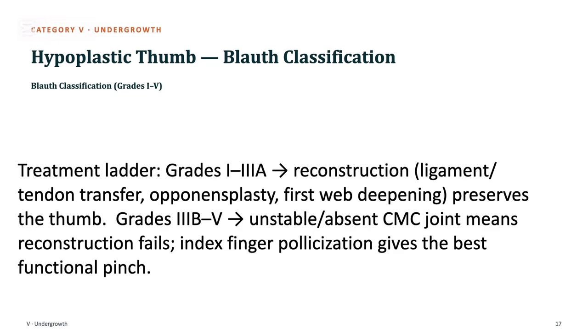What is index pollicization? We harvest the index finger as a neurovascular element with its bone, with its tendons, with everything, and reorient the index 90 degrees over the axis of the other fingers in the location of the thumb. And this depends on whether we have the carpometacarpal ligament or we don't. So it's very important to know finger pollicization.